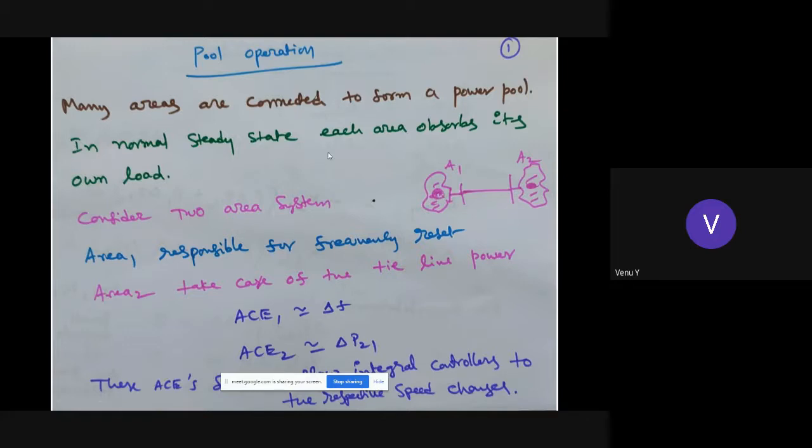In normal operation, each area will absorb its own load. Delta PD1 is the load on area 1, delta PD2 the load on area 2, and so on, delta PDN. N number of areas are connected together.